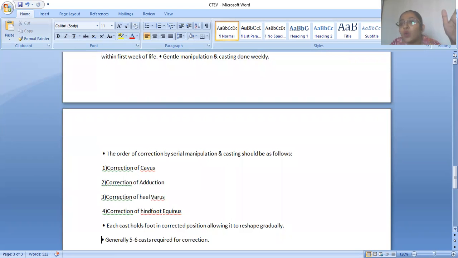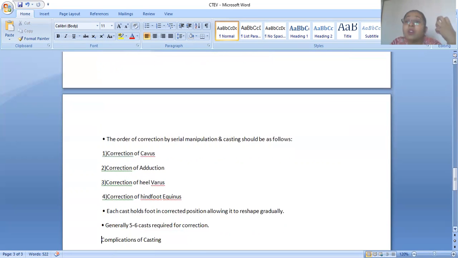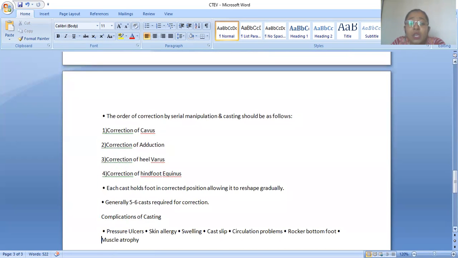Mostly the whole procedure is followed so that a proper result or prognosis can be achieved. Each cast holds the foot in the corrected position, allowing it to reshape gradually. So correction and manipulation are done, and it allows the body to reshape itself. Generally 5 to 6 casts are required for correction, so it will take 5 to 6 weeks for the treatment phase.